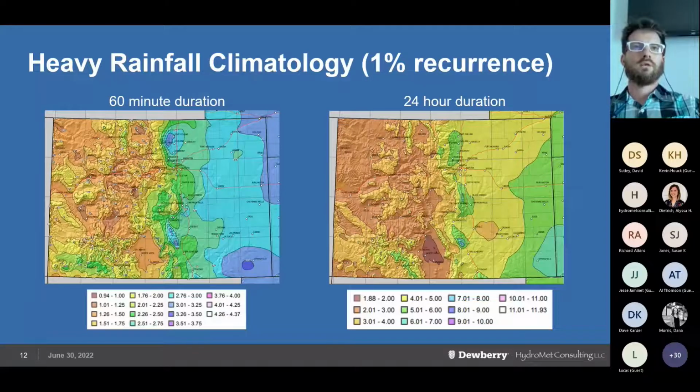Now, the one interesting thing to point out, and you can see this both in the 60-minute and the 24-hour durations, is that along the Front Range, really along the whole I-25 corridor and just to the west, you see a local maximum in the rainfall intensities, and that is a really interesting effect that is driven by our very unique topography. So essentially, you'll hear us refer to this over and over again, that our topography is so unusual compared to the rest of the United States, and really most places in the world, because we have the higher terrain.